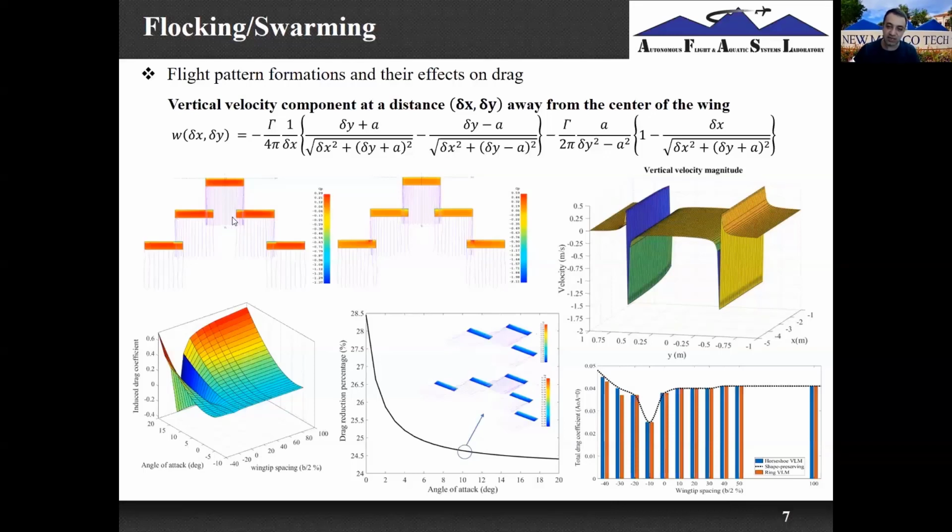This is a simulation that we have done; the same software I'm going to teach you in this class. There are a bunch of wings flying in V formation, and here we are showing how the number of wings that we are simulating can reduce the drag or enhance the efficiency of the system.